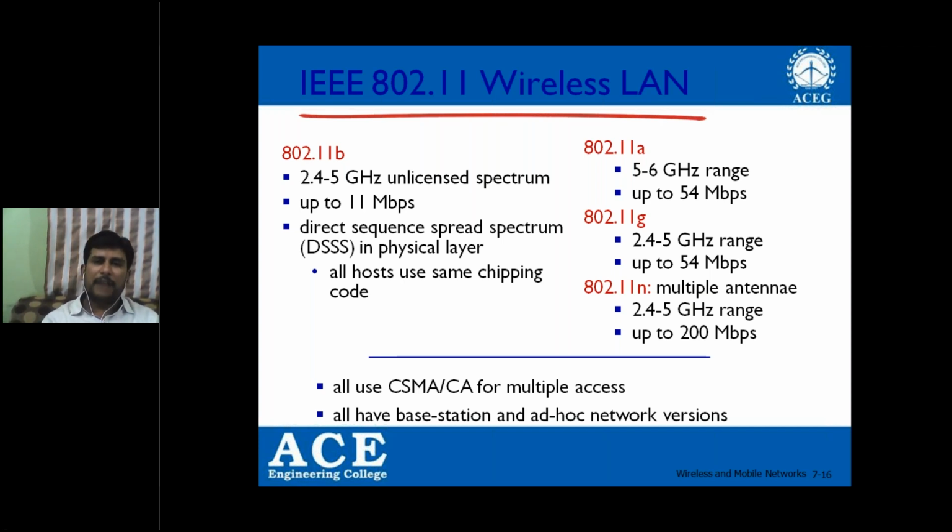Now we have another version of IEEE 802.11 called 802.11a. Here we operate at a higher frequency range of 5 to 6 GHz. But what is the problem when you try to operate with higher frequencies? You may get a higher data rate, up to 54 Mbps.